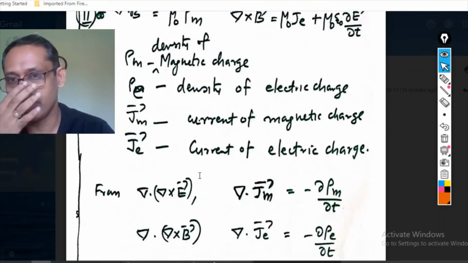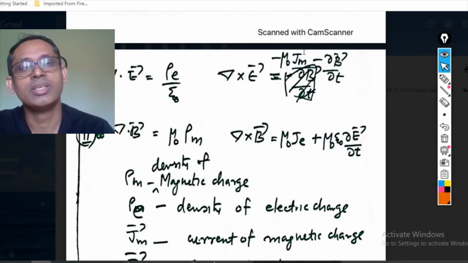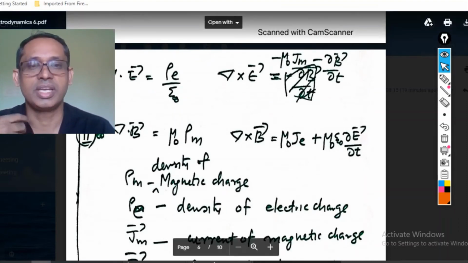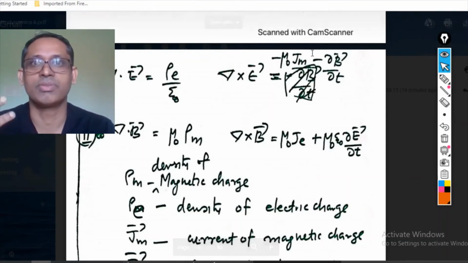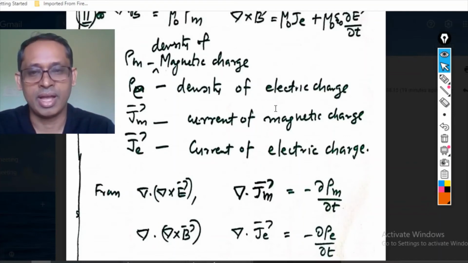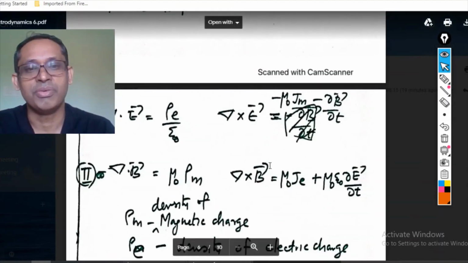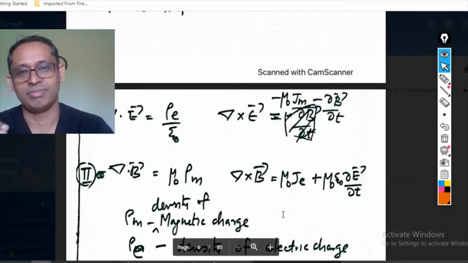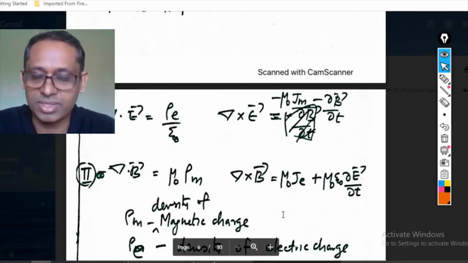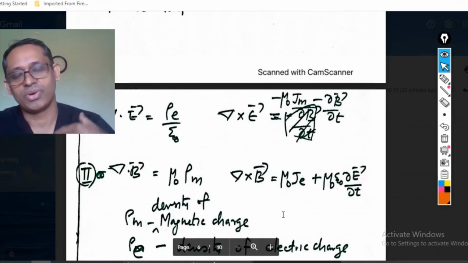If we have magnetic charge, there will be magnetic current density Jm. When there is flow of magnetic charge, we will have magnetic current density. So if you have magnetic charge, we will get very symmetric Maxwell's equations for electric field and magnetic field.